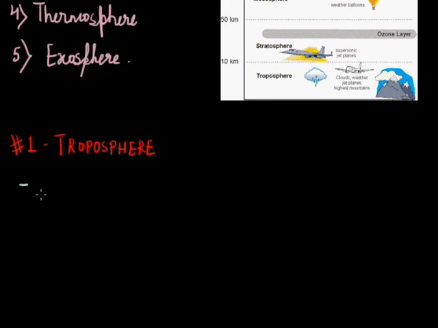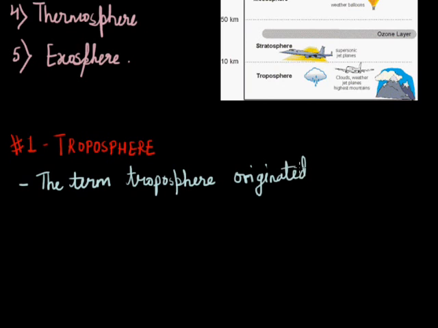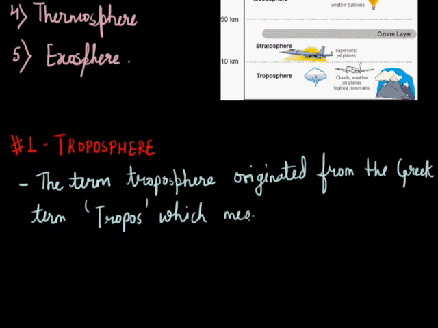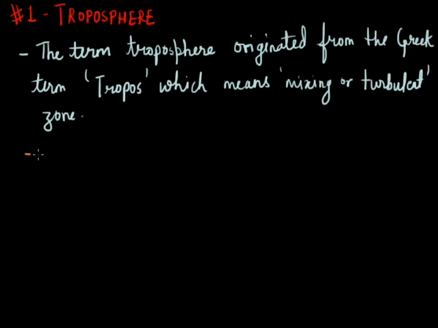Tropos means turning or mixing zone, and sphere being round in shape. As the name itself says, it is a mixing zone.